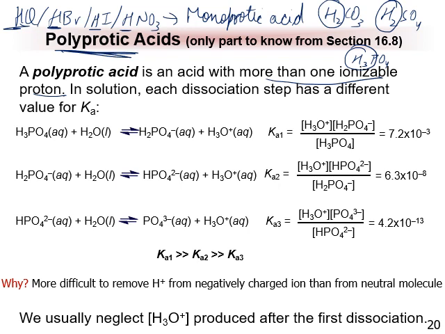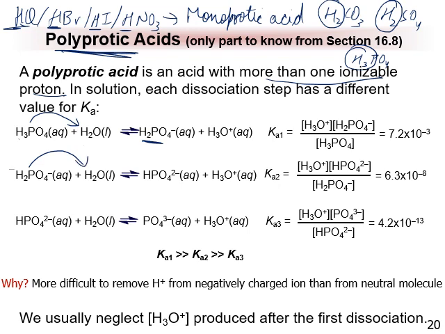Now for polyprotic acids, for example, if you take H3PO4 and put it in water, it will act as an acid and donate one of its protons at a time to water. One is gone, which means it will make H2PO4 minus and a proton in water. Now this is also an acid, which means it can donate one more proton into water.